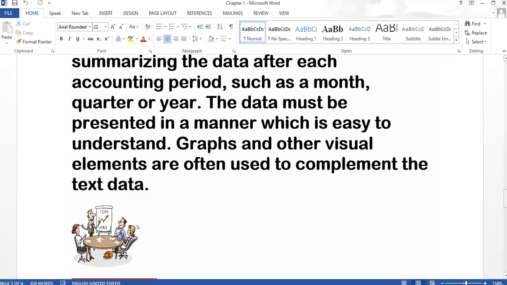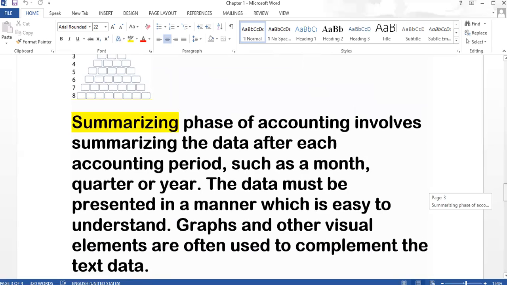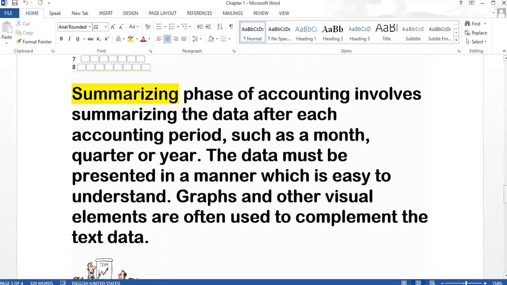Now, when I have so many business transactions, say a lakh of business transactions, I may not be able to understand if everything is recorded in one place.